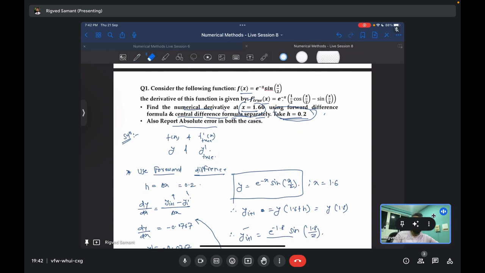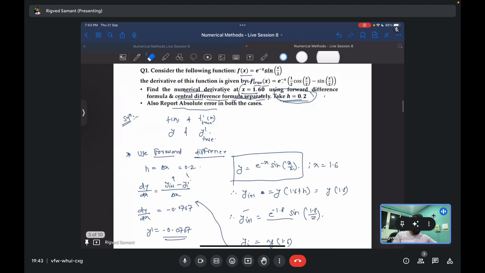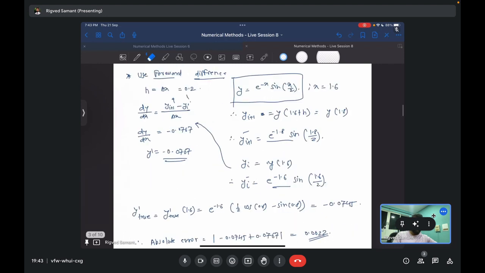So what it was asking you to do is, given the function values and its derivative function, use numerical differentiation to get the value of the derivative at 1.6 using a step size of 0.2. For that, first we use a forward difference and next we use a central difference, and we calculated the absolute error in both the cases.